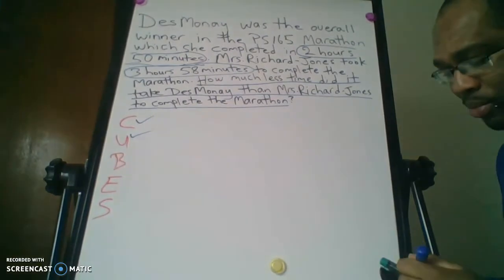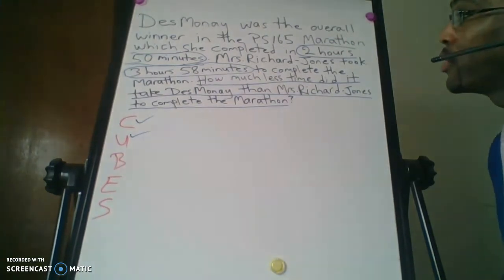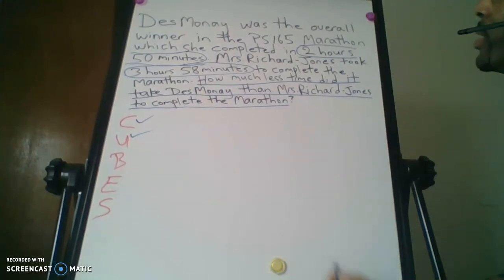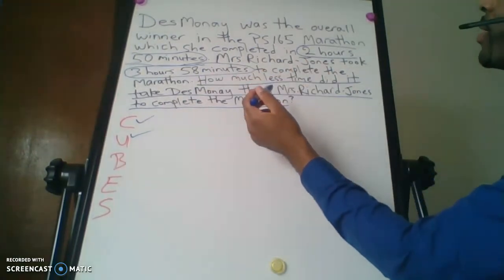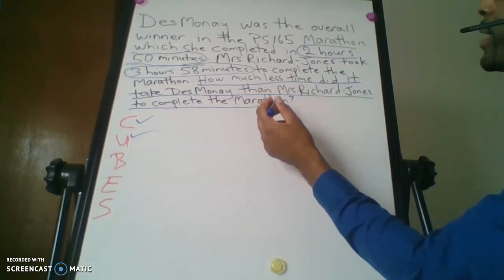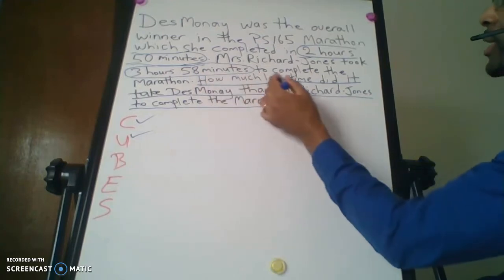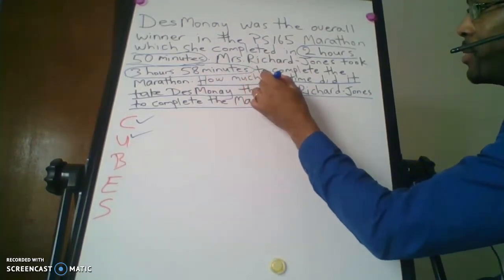Check. I'm going to box the key math words that are going to help me solve this problem. Okay. So I know it's a marathon. How much less time? That's an important word.